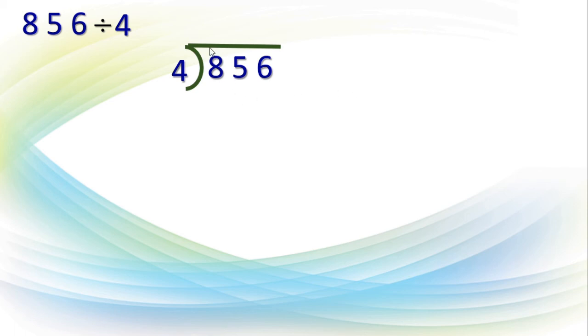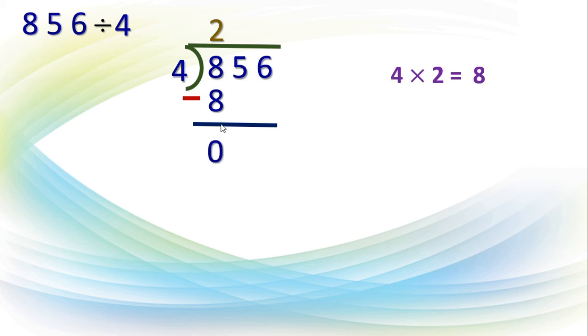Now first we will divide 800. This is 800, this is 50, this is 6. That 800 divided by 4. So 4 twos are 8, so we will write 2 in the hundreds place here. What remained? 8 minus 8, that is 0.